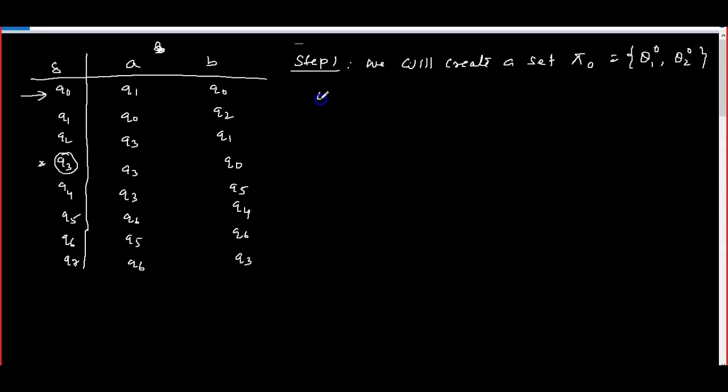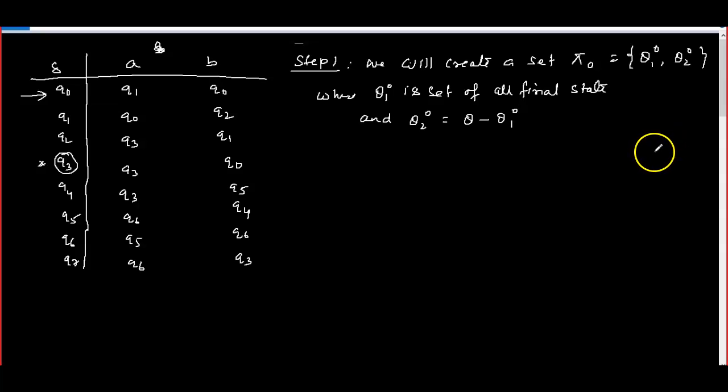Where Q1 of 0 is the set of all final states, and Q2 of 0 will be the remaining, that is, total states minus Q1 of 0. Getting? Okay, so the non-final states, I can write it.